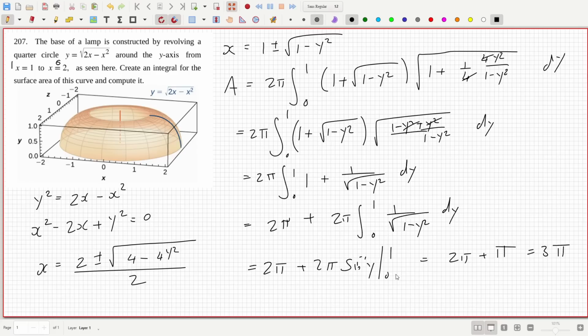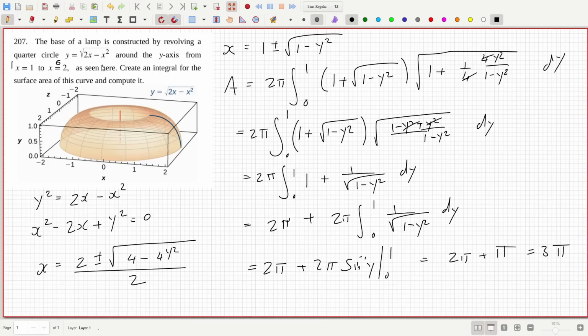Let me check my calculation numerically. Have I got my limits right? 1, 2 minus 1 is 1, and 2 is 0.